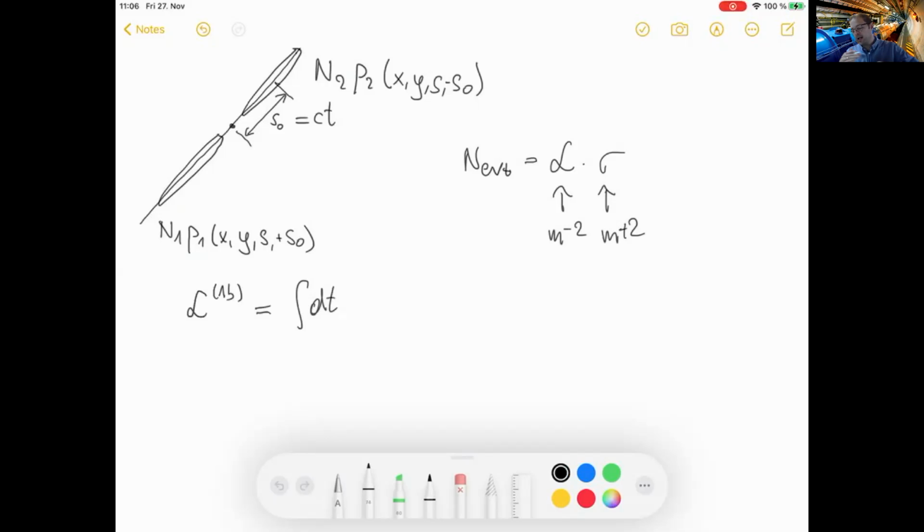Collisions happen at each time with a certain rate that's proportional to the cross-section, and the spatial and time integral is of course proportional to the two densities of the bunches.